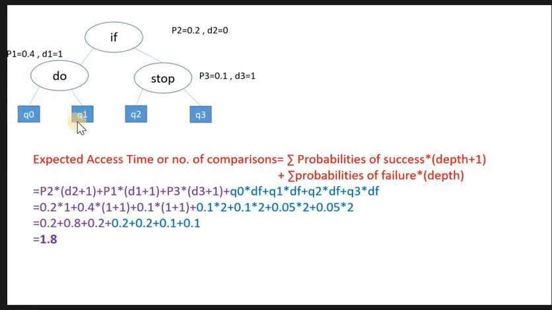So you have to add these failure nodes as children. Okay, so all are at the same level, that is 2. So here 2 is multiplied with the probability of failure and the depth plus 1 is multiplied with the probability of success, and you come up with the value as 1.8.